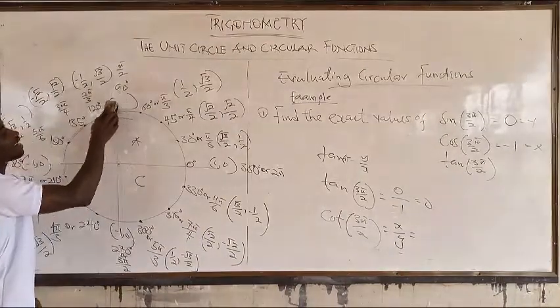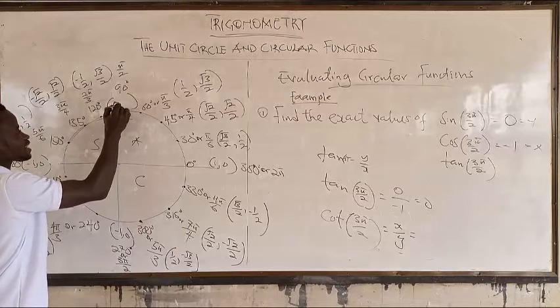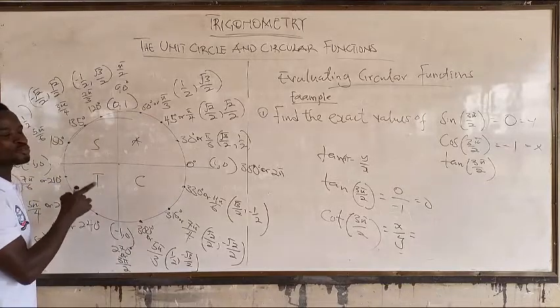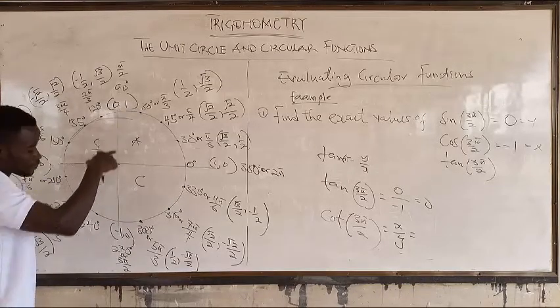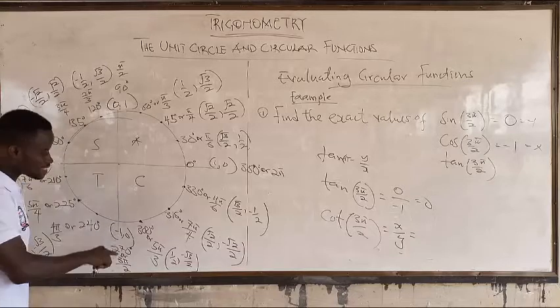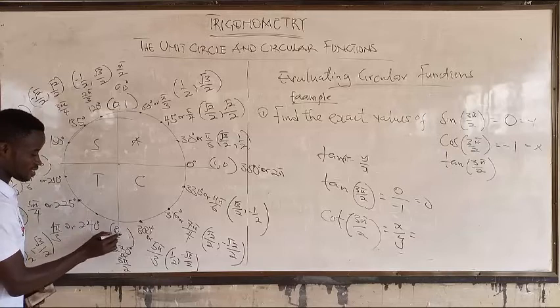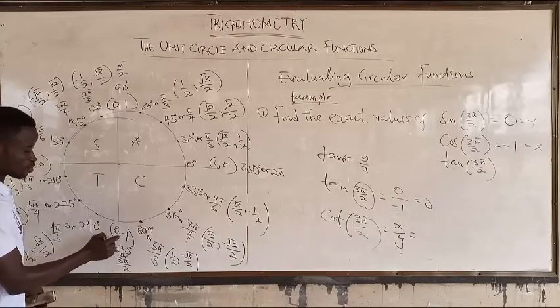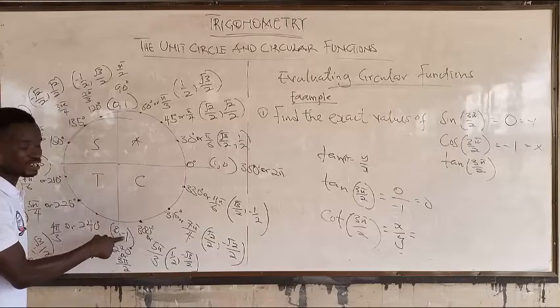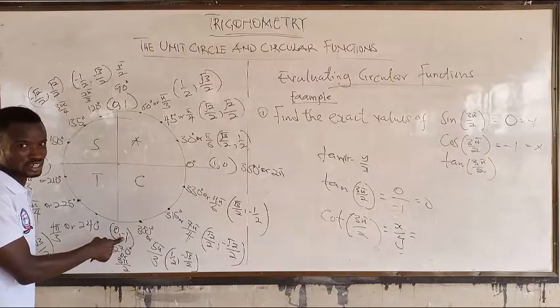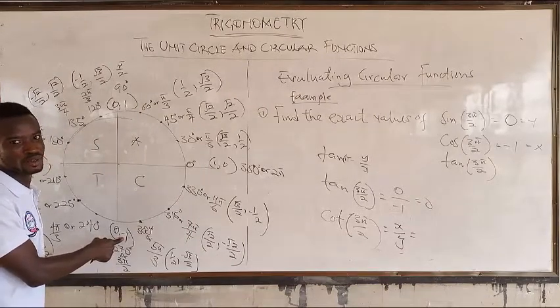Oh, it's rather 0 and 1, because we are on the y-axis, so the x is 0. That is why I was making a mistake here. And here will be -1, because the y here is negative on our OX and OY coordinates.